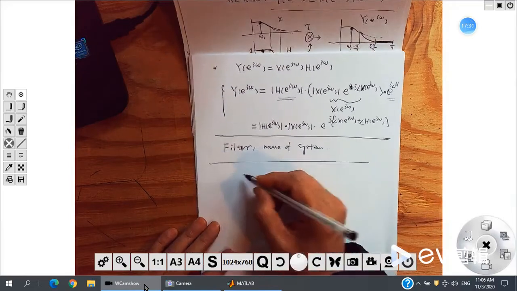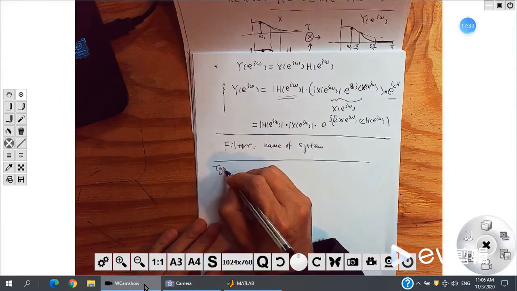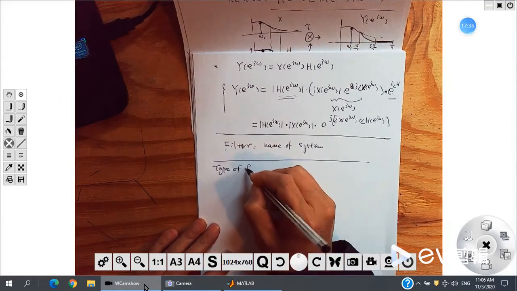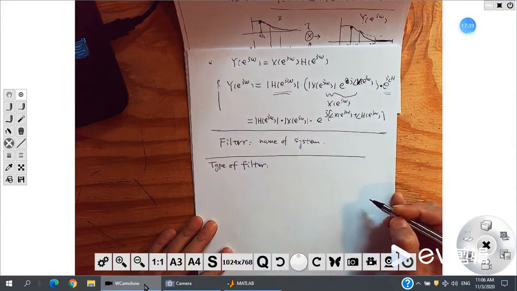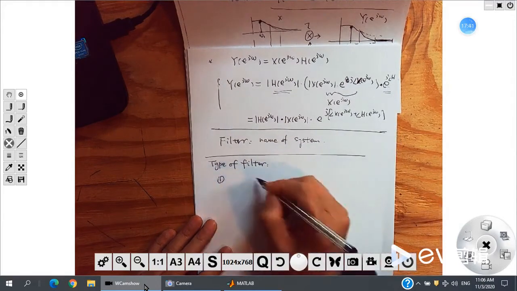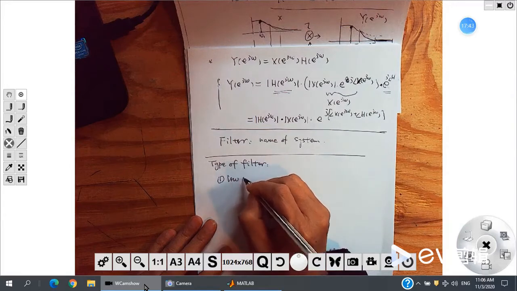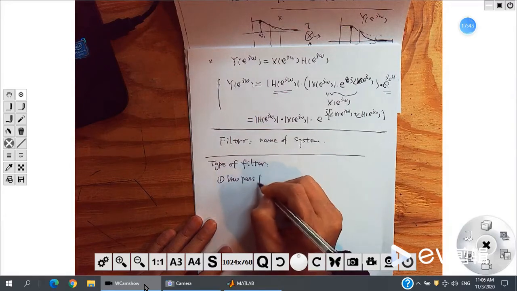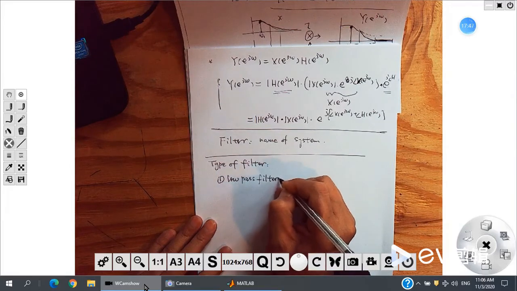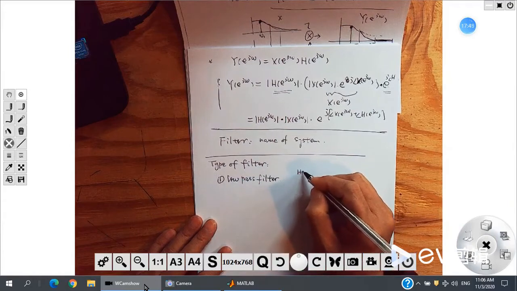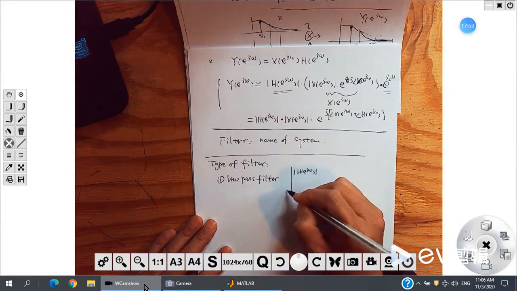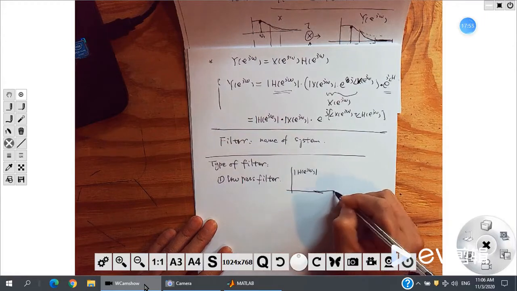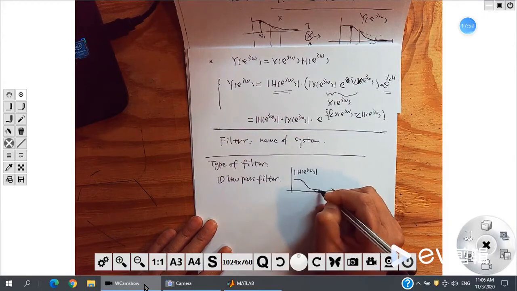Now we can look at the types of filter. The first one is the low pass filter. The feature is the magnitude looks like this.